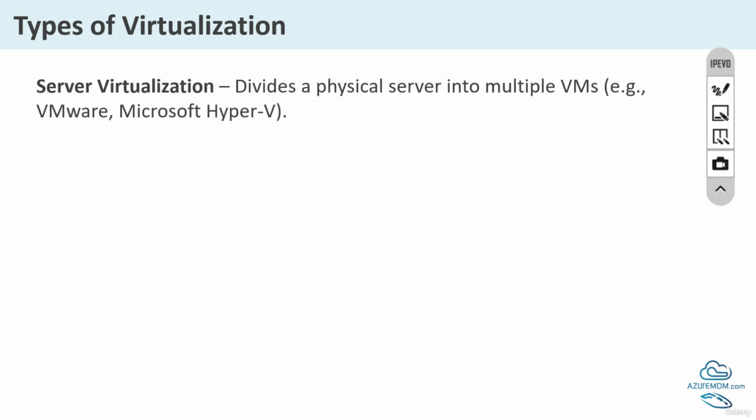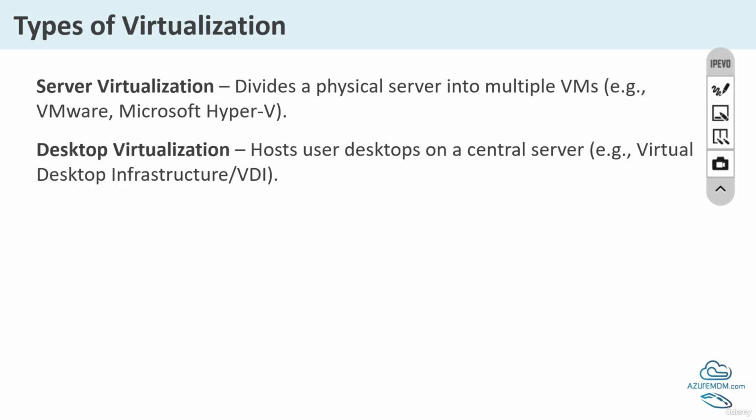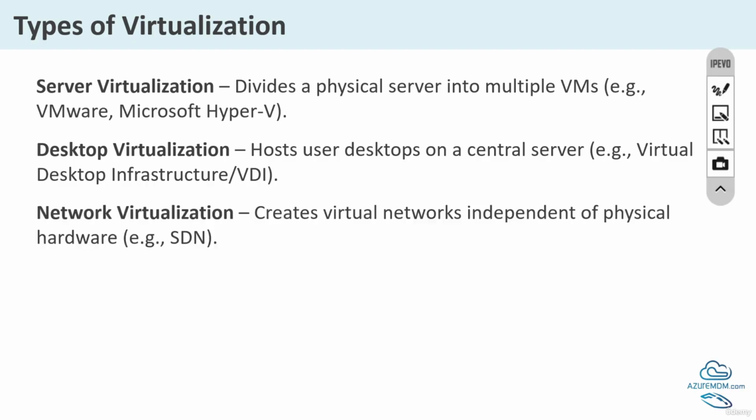Server virtualization. It divides a physical server into multiple VMs, like virtual machines. For example, VMware and Microsoft Hyper-V. Desktop virtualization. It hosts user desktops on a central server, for example virtual desktop infrastructure or VDI. Network virtualization. It creates virtual networks independent of physical hardware, like SDN.